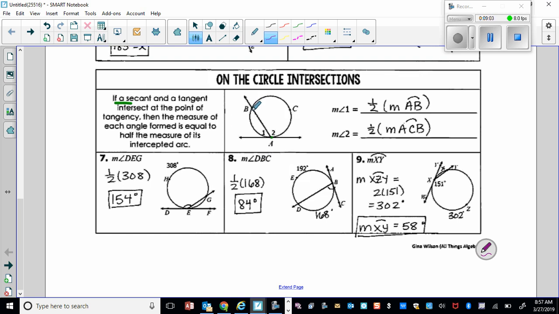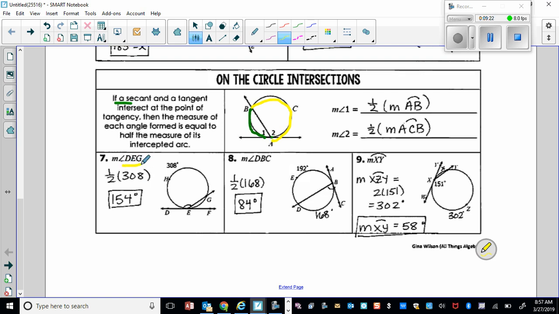To find angle 1, you have to take half of AB. But if you want to find angle 2, you need BCA, which is this side. So that's what this part did.